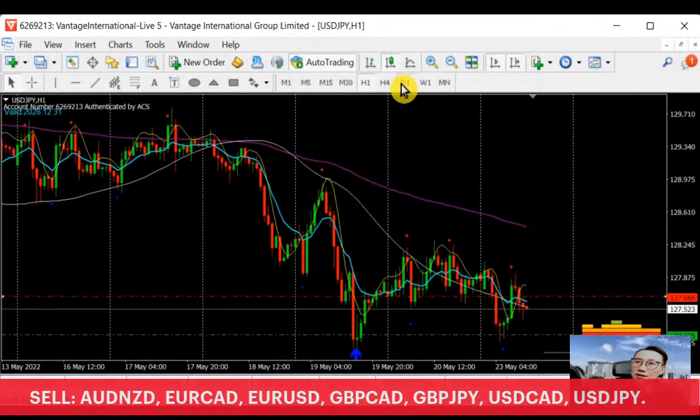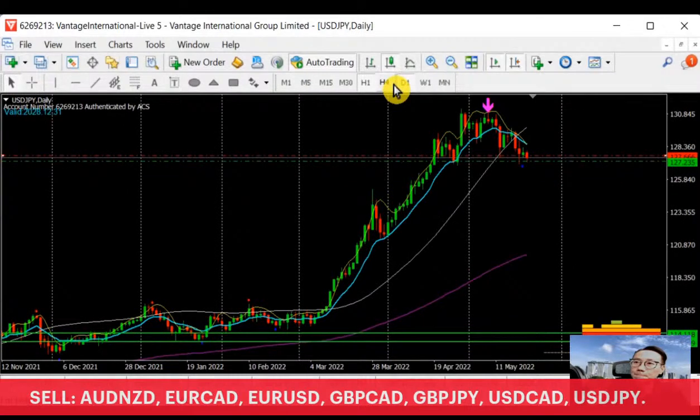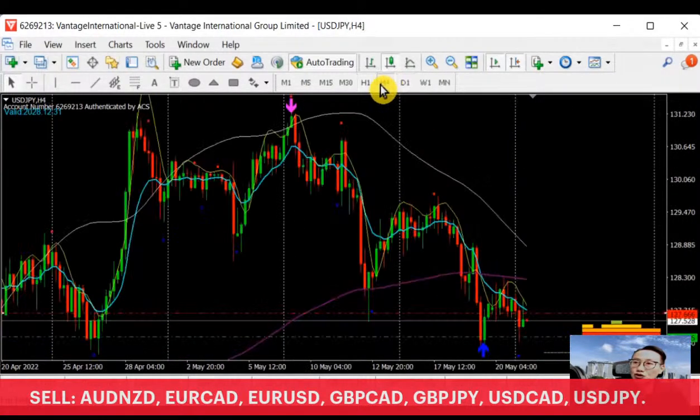As of this, dollar yen looks good. In the last 4 hours it retested the resistance, and now it's coming back to sell.